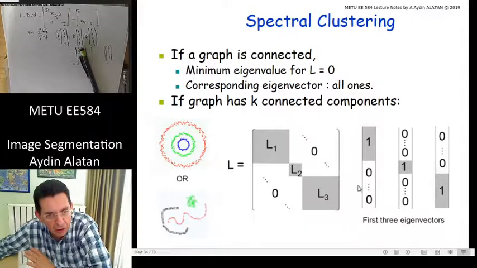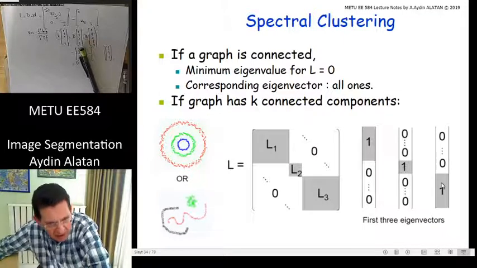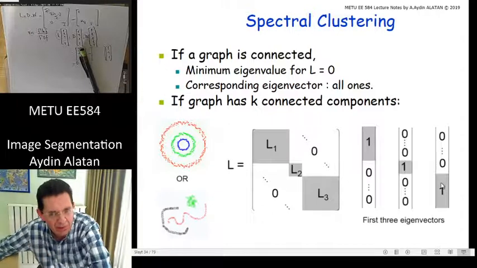Now, what did I learn? If I have 3 connected components, as in these toy examples, this one or that one, again, the first 3 eigenvectors also will be consisting of these kind of entries and give you nothing but zeros. We learned something from here.